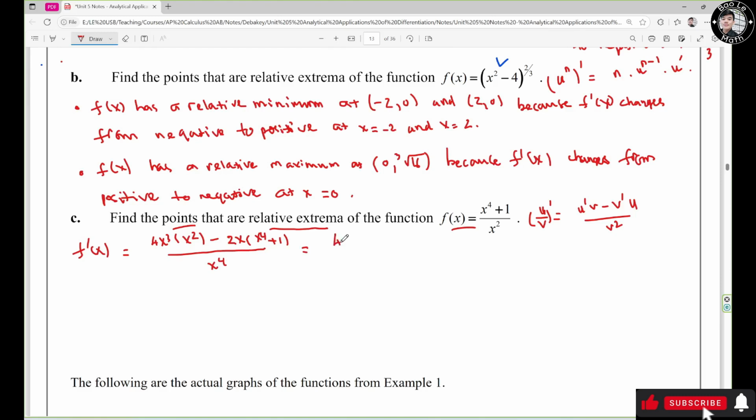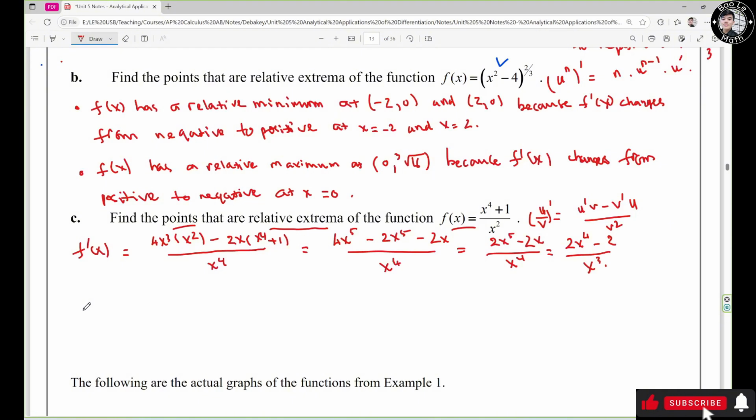It's going to be 4s to the fifth minus 2s to the fifth minus 2s, right, over s to the 4. So this guy turns out to be 2s to the fifth minus 2s over s to the 4. I need to divide the top and bottom by s. So this guy turns out to be 2s to the 4 minus 2 over s cubed, right?